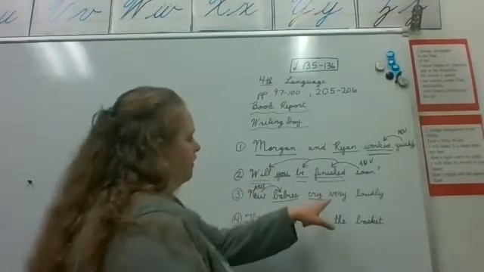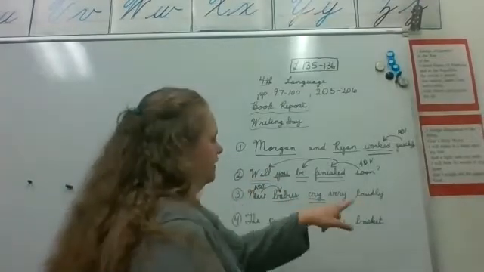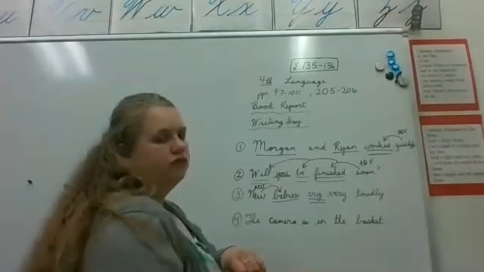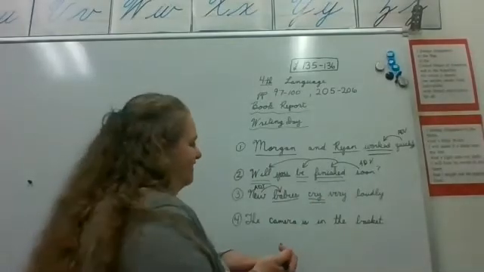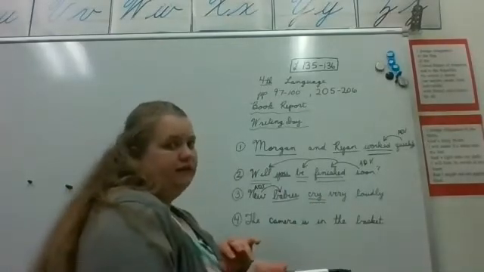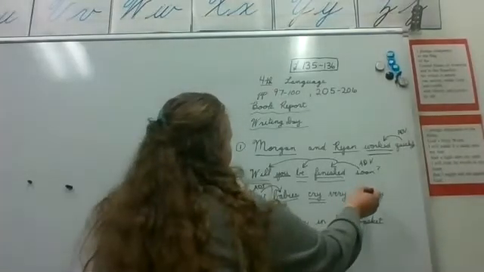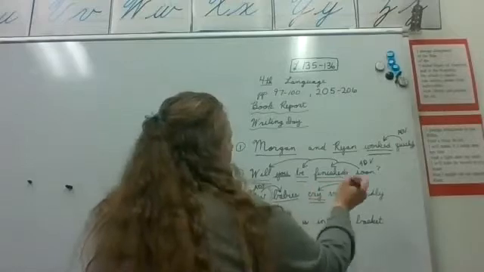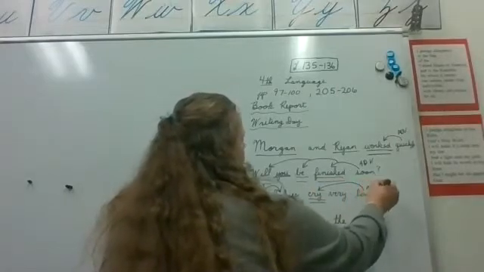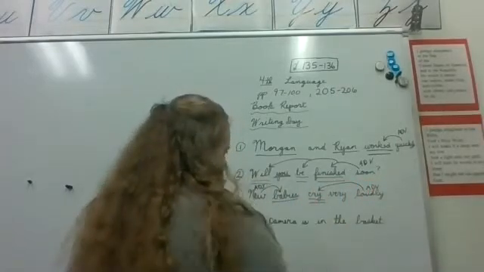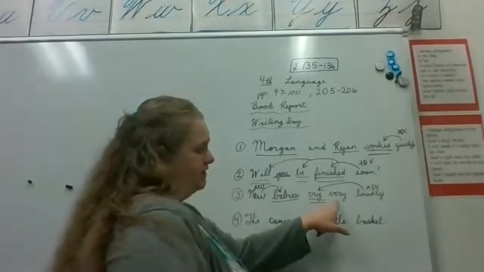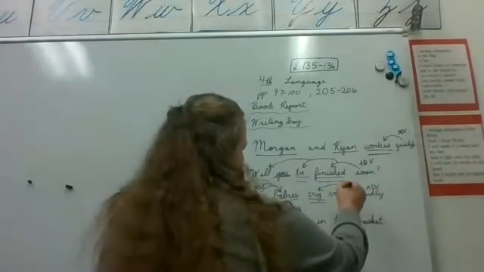Okay? Very loudly. How do they cry? Do they cry very? No, they don't cry very. They cry loudly. So this is an adverb that goes to cry, but very describes loudly.